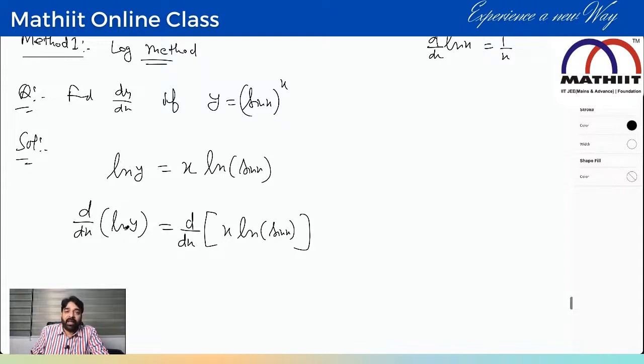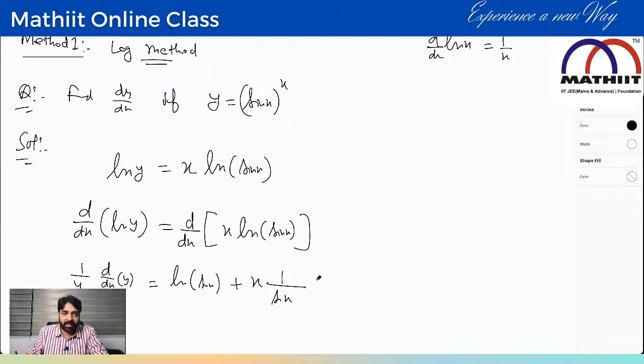Now d by dx of ln y: differentiation of ln of something is 1 by something, so 1 by y into the differentiation of y. It is not x, it's y, which is a function of x, so you write dy by dx. On the right side, we know how to deal with the product: differentiation of the first, 1, into the other, ln sin x, plus x into the differentiation of ln sin x. Ln of something differentiation is 1 by something into the something's differentiation.